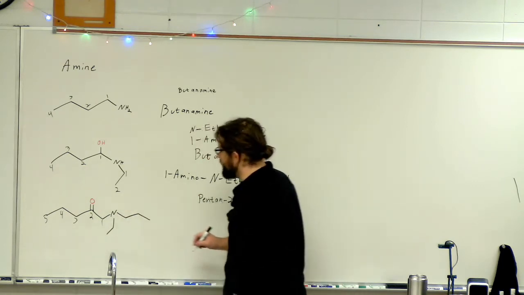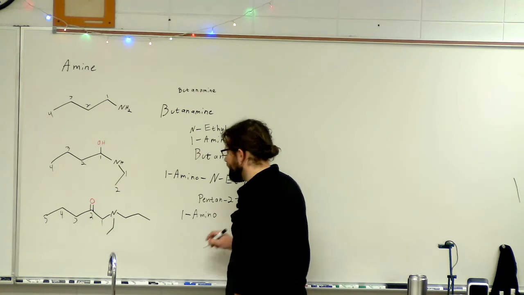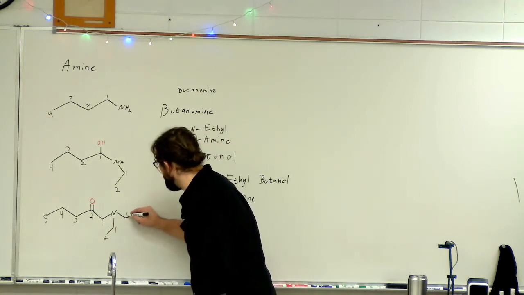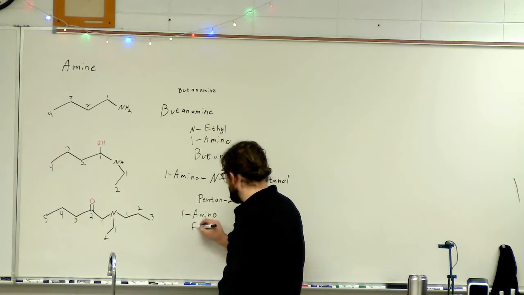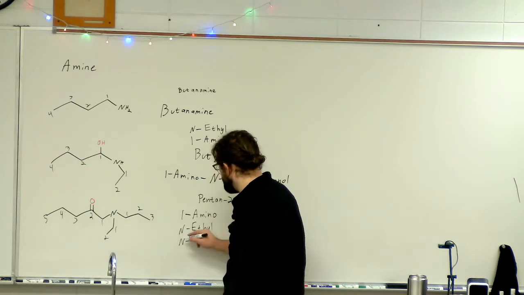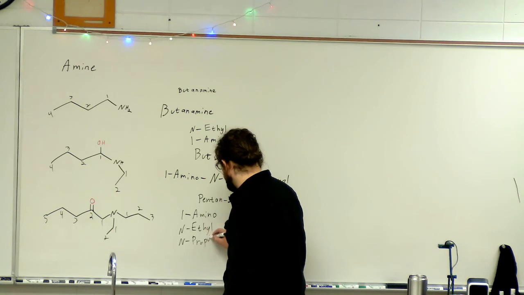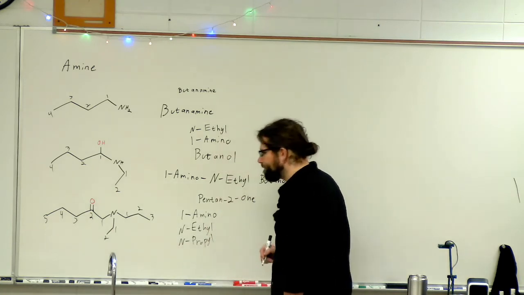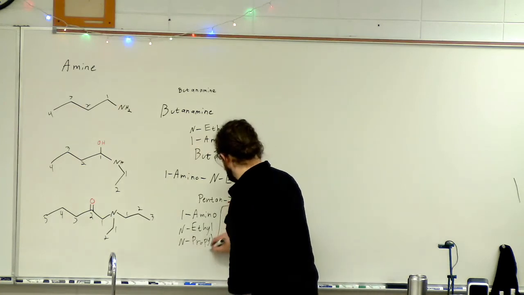Then I've got an amino group at the number 1. So 1 amino. And then I've got a 1, 2 carbon chain and a 1, 2, 3 carbon chain. So this will be an ethyl, the N, and another N, and it'll be N-propyl. Just like that. So when I put all of this together, let me just divide this up here.